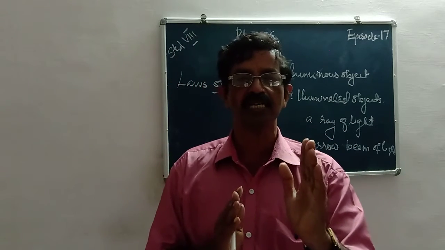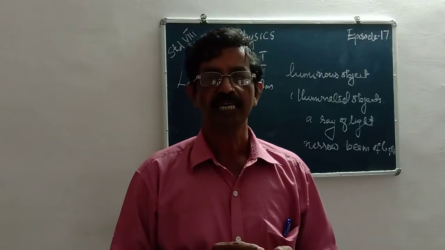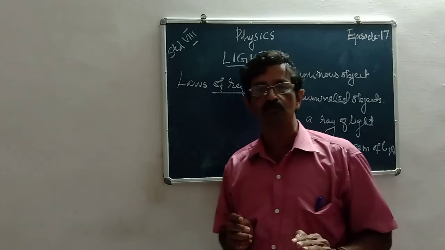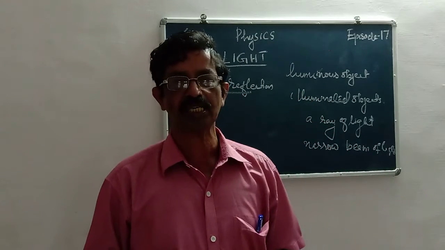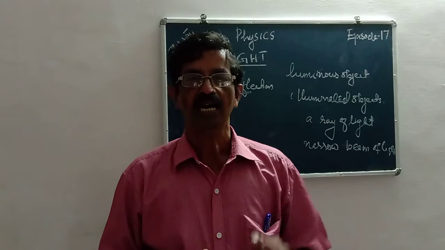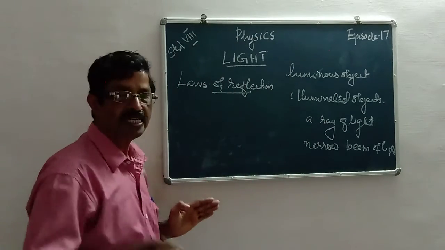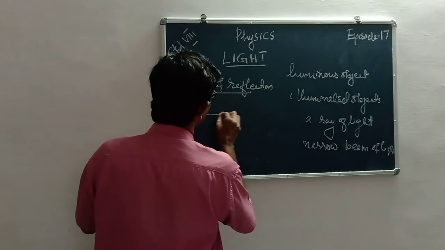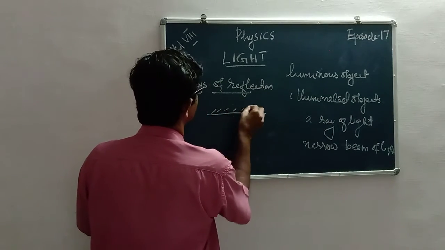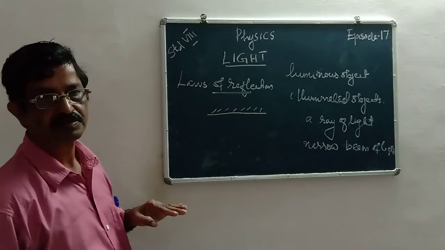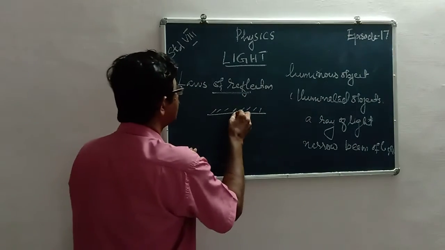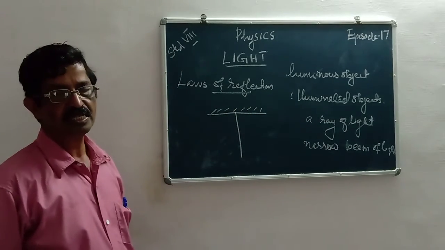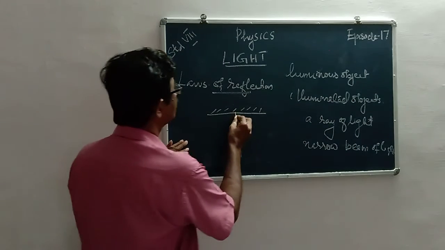Now place a plain mirror in between this comb and the paper. Then allow the light to reflect from it and draw that on your paper. Suppose this is the plain mirror and this is a perpendicular to the plain mirror, that means it makes 90 degrees.